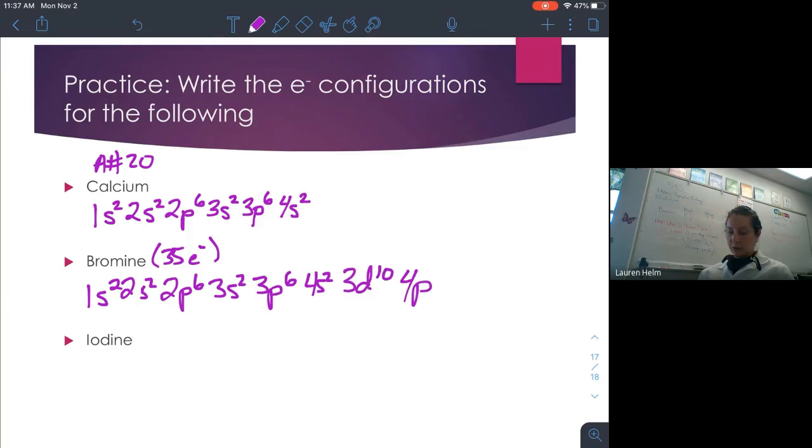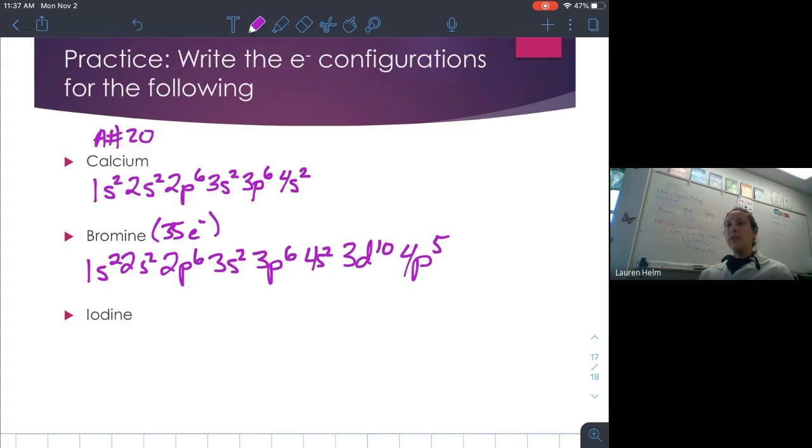Now let's count 2, 4, 6, 10, 12, 18, 20, 30. That's 30 out of my 35 electrons. P can hold 6, but I don't have 6 electrons left. I have 5. So 5 electrons will fill into the P sublevel on the 4th energy level.